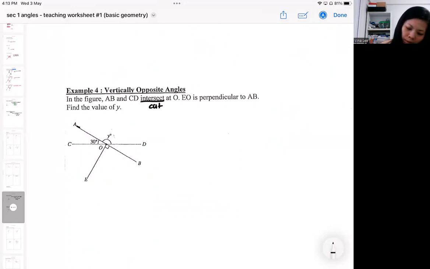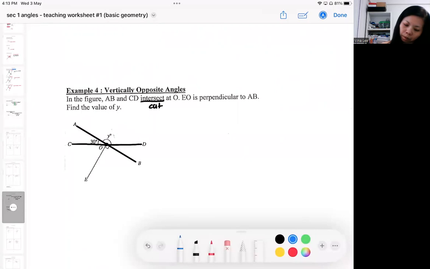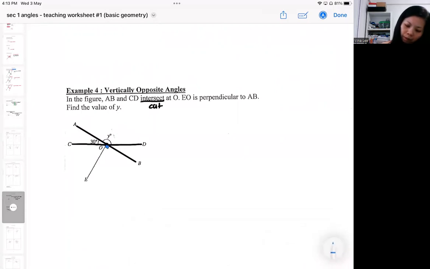So if you look at these two lines, going with the description, AB is going to cut CD at O. So that's what they are trying to say. And then they say EO is perpendicular to AB. That's why there's a 90-degree here. And your job is to find the value of Y.